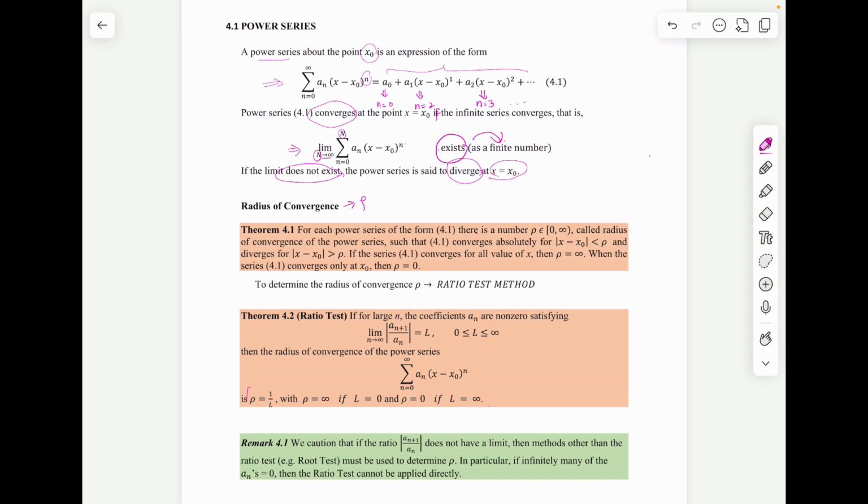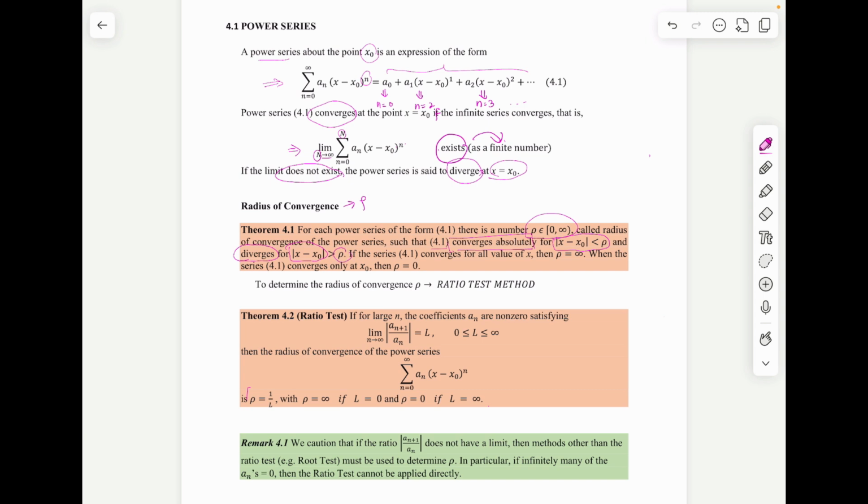For each power series of the form of equation 4.1, there exists rho from 0 to infinity, called the radius of convergence of the power series, such that equation 4.1 converges absolutely for the absolute value of x minus x naught less than rho, and it diverges for the absolute value of x minus x naught greater than rho.